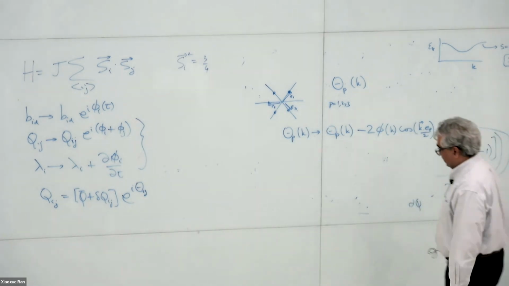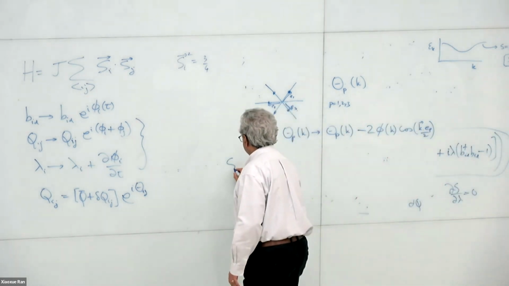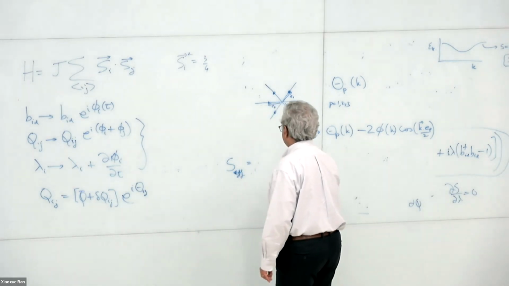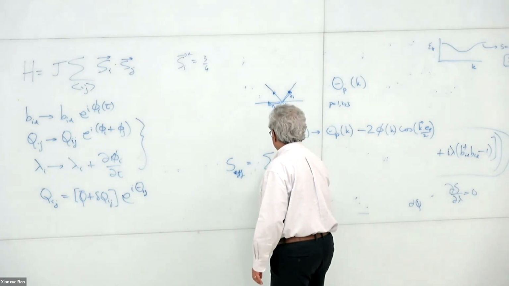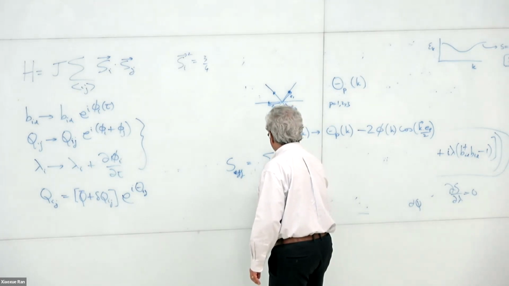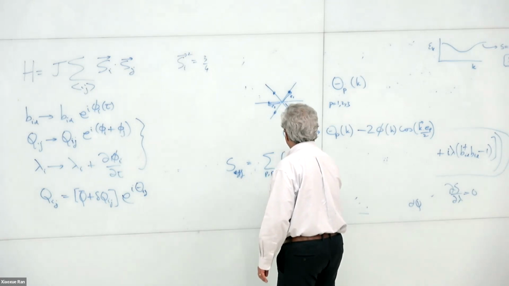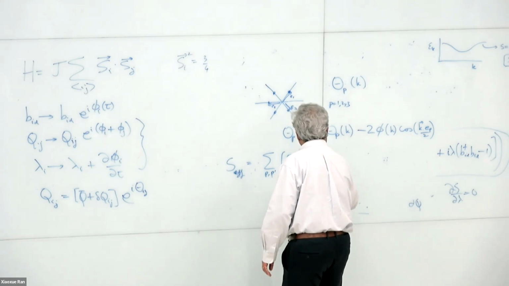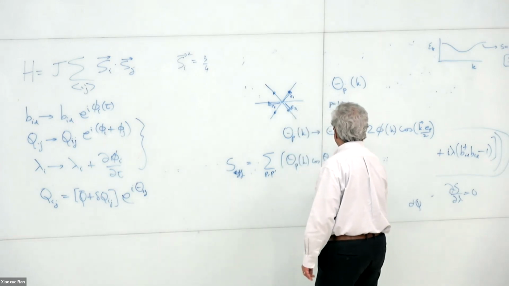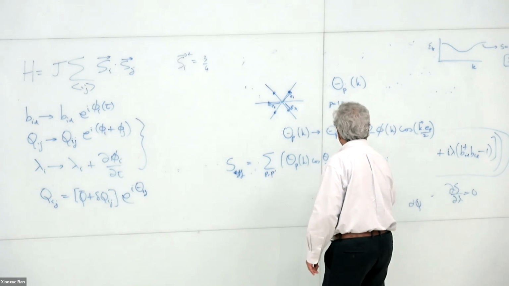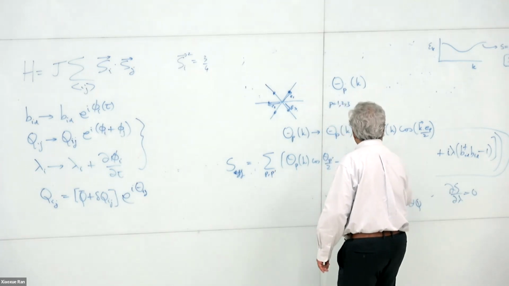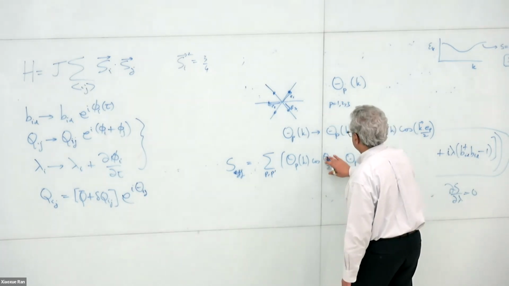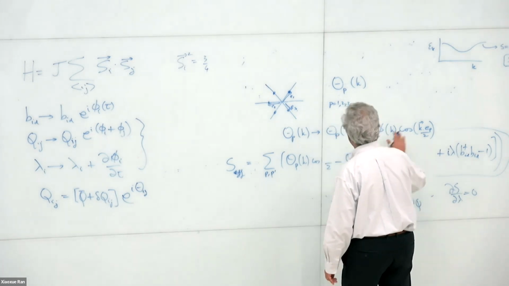So this tells me that if I look at the effective action, which must be gauge invariant, it's got to be a sum over P and P prime of theta_P of K times cosine(K dot E_P prime over 2) minus theta_P prime of K cosine(K dot E_P over 2).